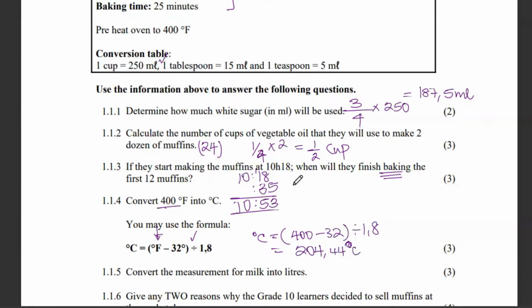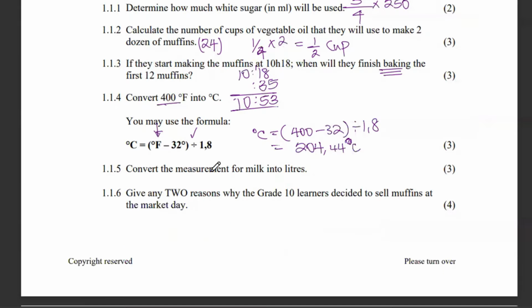Convert the measurement of milk into liters. Scale up and you see we are converting the measurement of milk into liters. They have told you 1 cup of milk. But then you know very well in your head that 1 cup of milk is 250 mil. So mils to liters, we shall divide by 1,000.